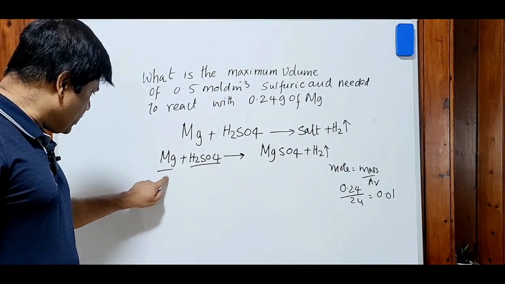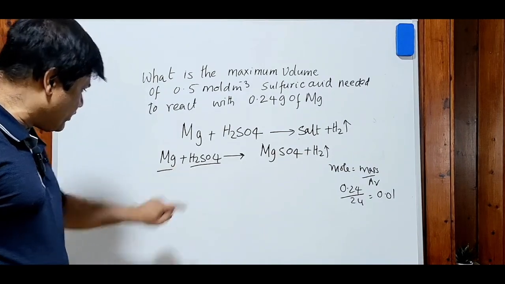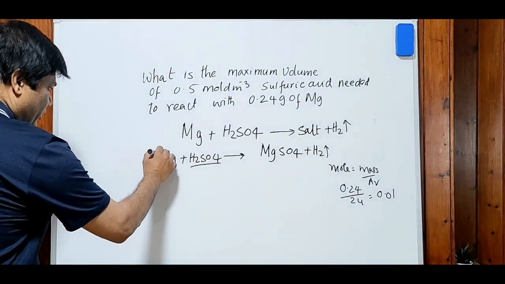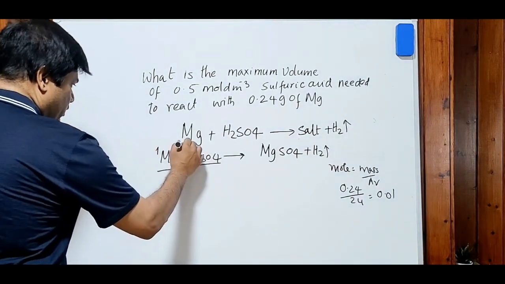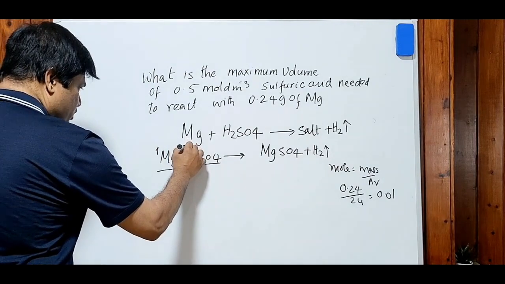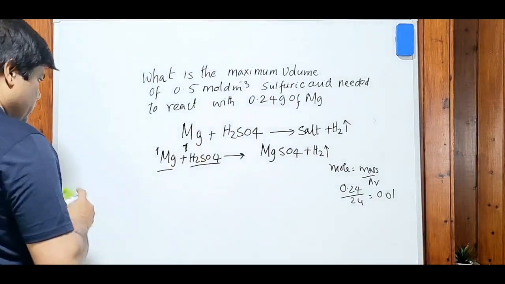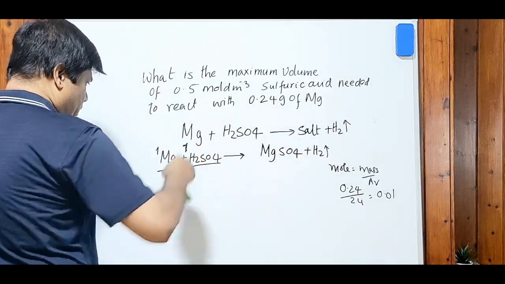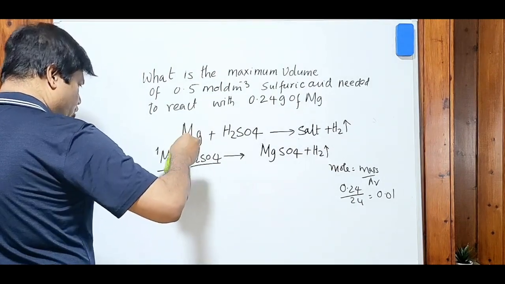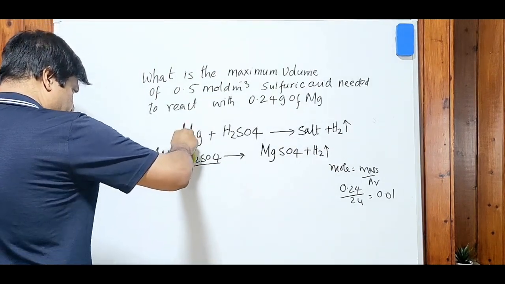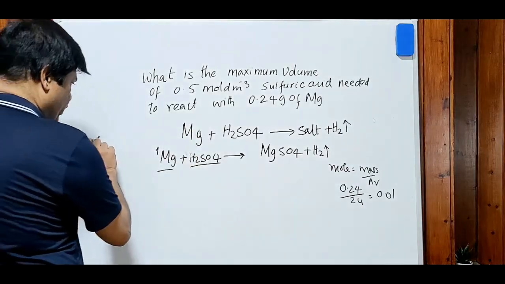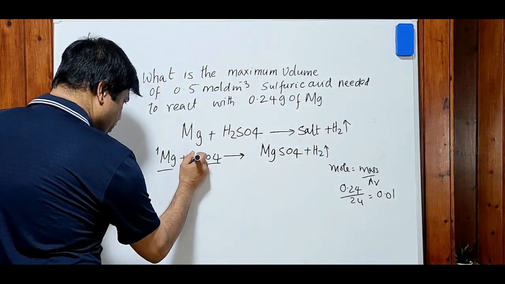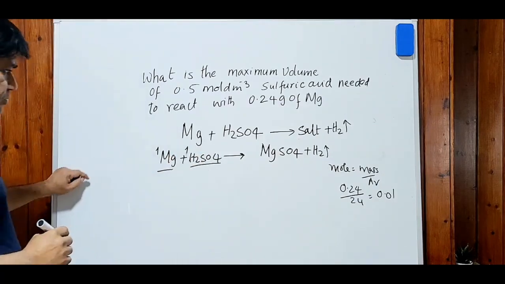So 1 magnesium, 1 mole of sulfuric acid. Look at the theoretical molar ratio. That's 1:1, guys. 1 mole of magnesium reacts with 1 mole of sulfuric acid.